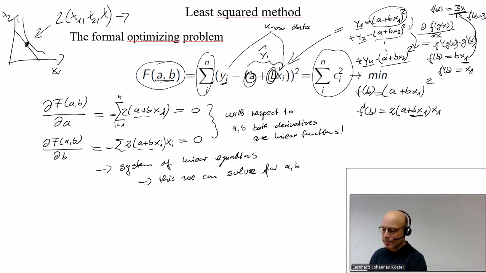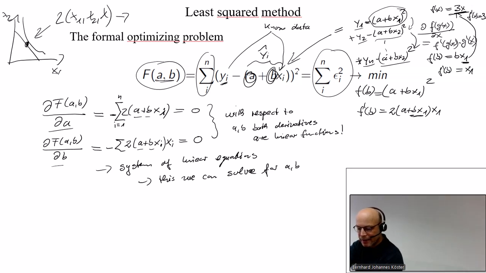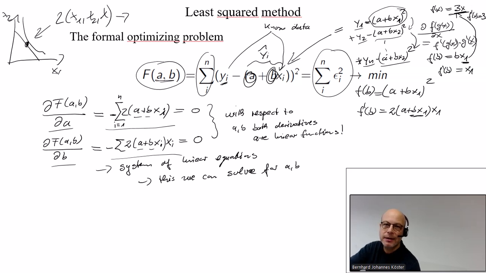Then taking the derivatives with respect to A and B, we obtain two linear formulas with these two variables A and B, and so we have two equations, two variables, and then we know that if the determinant is not zero, this system of two equations is solvable.